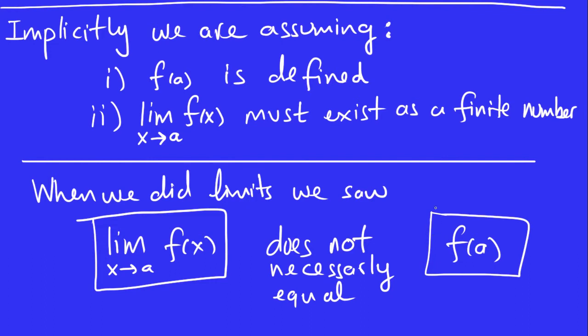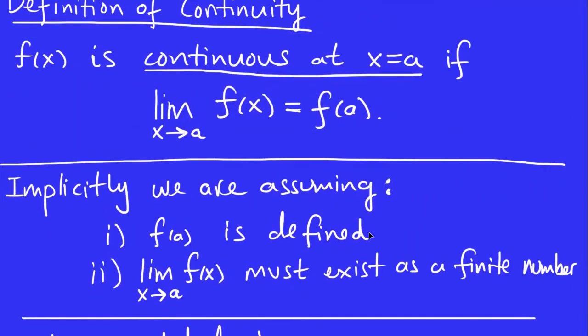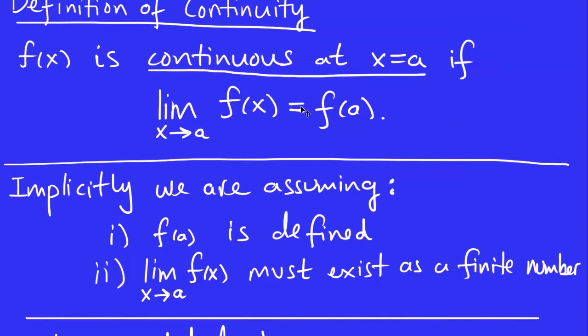And it's so special, in fact, that we give it a name. And that's exactly what continuity means, right? This limit is equal to the value of the function at that a. So if you can do this limit simply by putting the number a in the function and getting f of a as your limit value, that's what it means to be continuous.